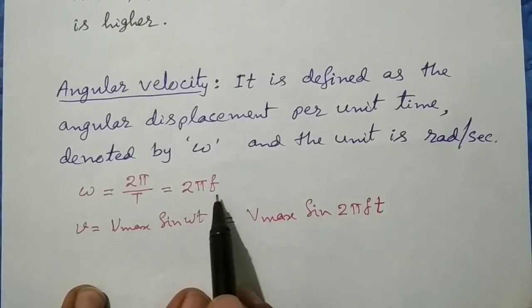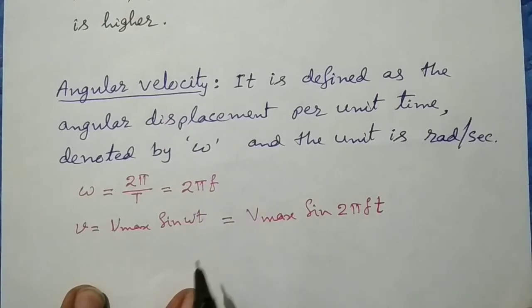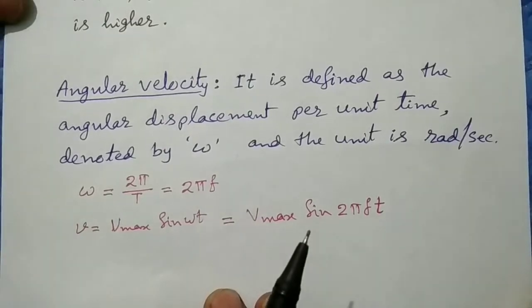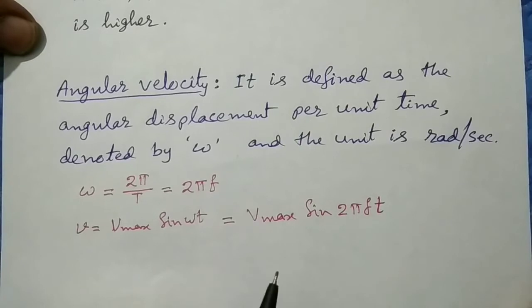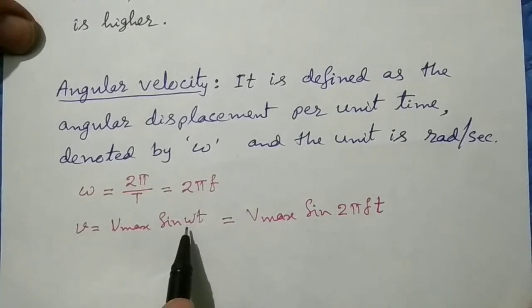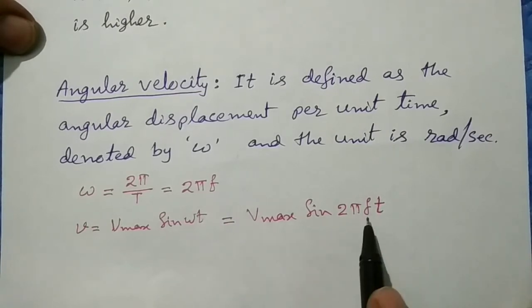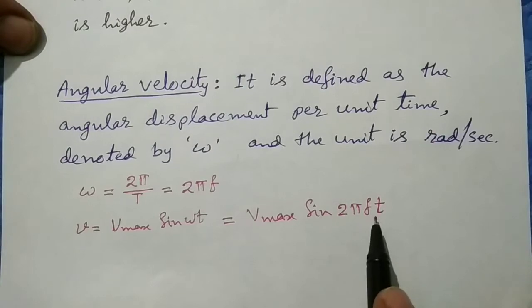Therefore, the alternating parameters, either voltage or current, can be represented in terms of angular velocity, that is omega, or in terms of frequency, that is 2 pi f.